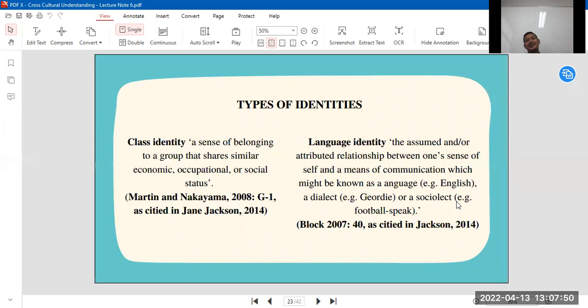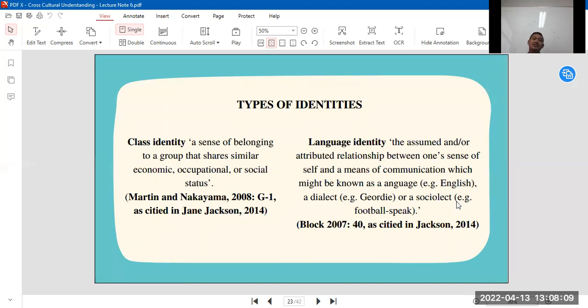Next, the type of identity is class identity. Talking about class identity, Martin and Nakayama say that it is a sense of belonging to a group that shares similar economic, occupational, or social status.